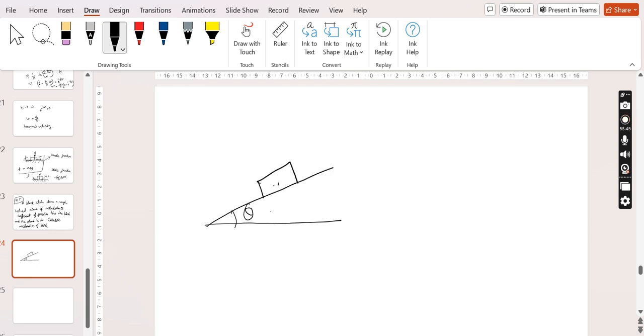The basic thing is that weight is working in this direction. N is working in this direction, that we know. It is sliding in this direction, so friction will work in the opposite direction. So acceleration is in this direction.